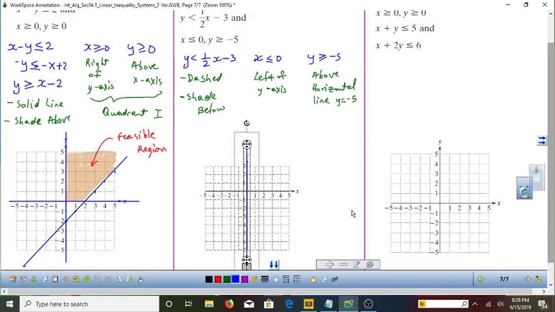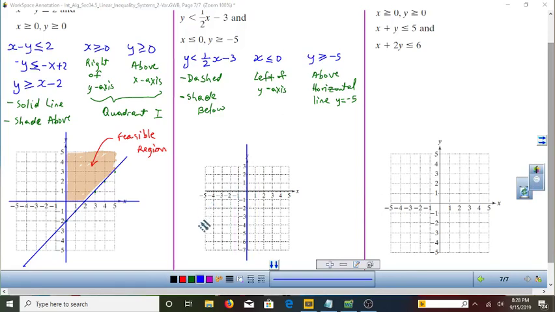And I'm going to draw the line y equal to -5 as a solid line again. And then I'm going to draw my line here, 1/2 x minus 3. Start at -3 and I go up 1 over 2, up 1 over 2, or I go down 1 over 2, down 1 over 2.